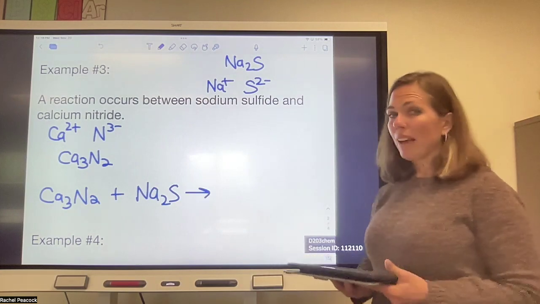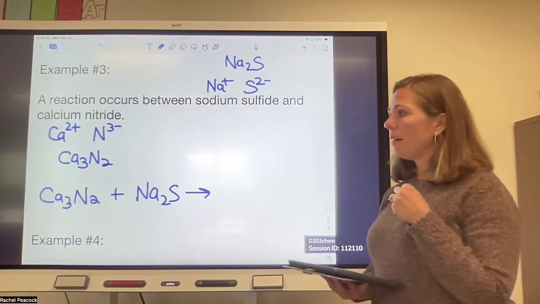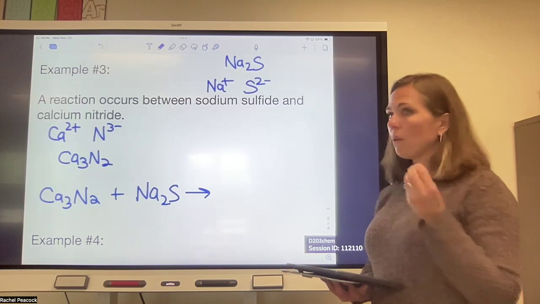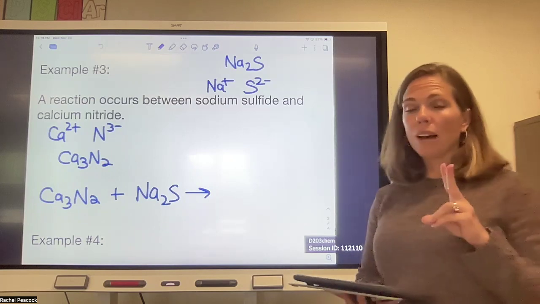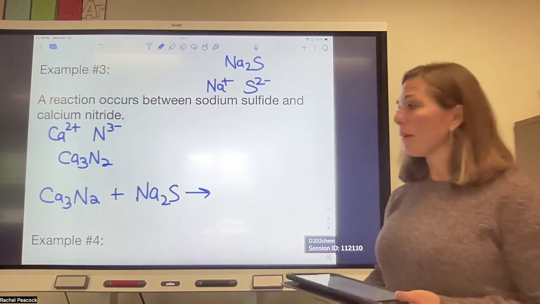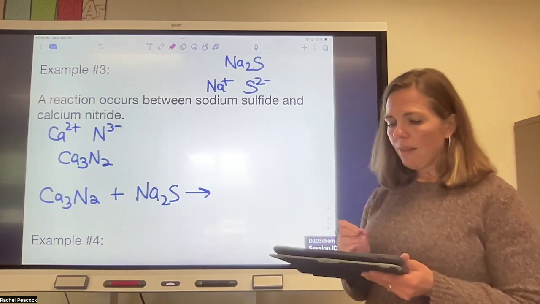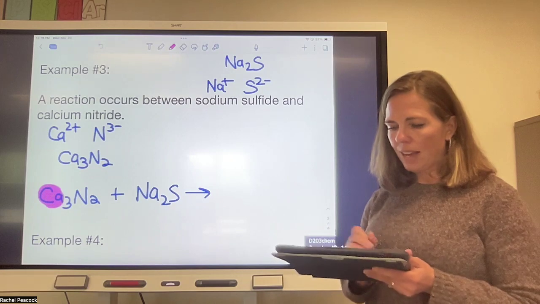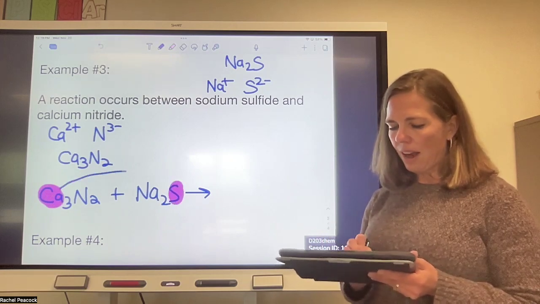Based on the fact that we have 2 compounds for our reactants, when you have two compounds, it's typically going to be a double replacement because they're going to switch ion partners. What's going to happen is this cation here is going to join with that anion there.